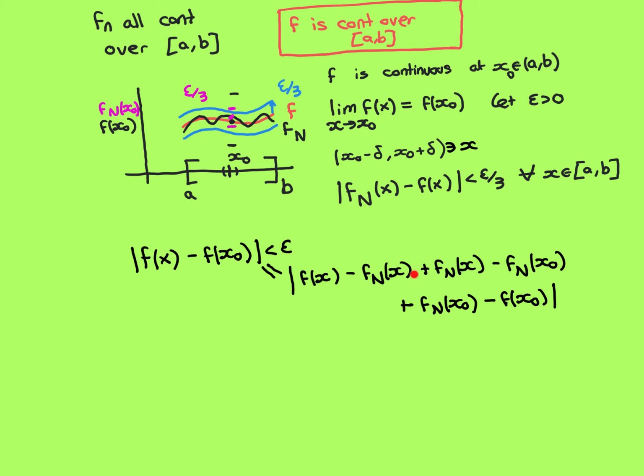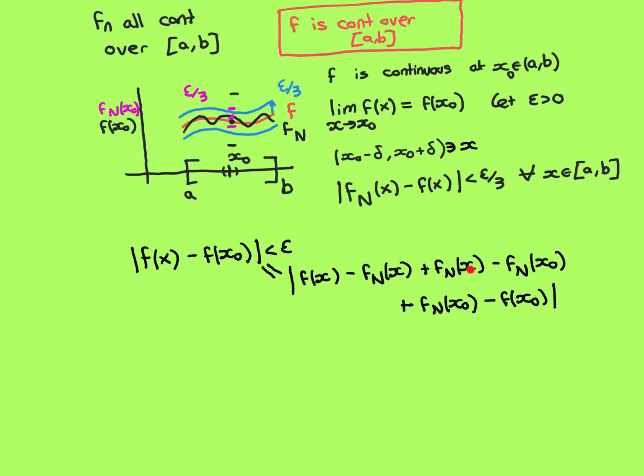And if I was just looking at the modulus of the difference between those two, I know that that must be less than epsilon over 3, because I know that f big N has to be in this blue tube around f in red there, because that's the way I found f big N. I used the uniform convergence criterion to say, go along, find me this function f big N such that it's inside this blue tube of radius epsilon over 3 around my limit function f.